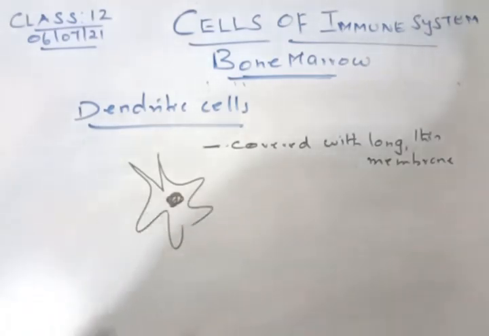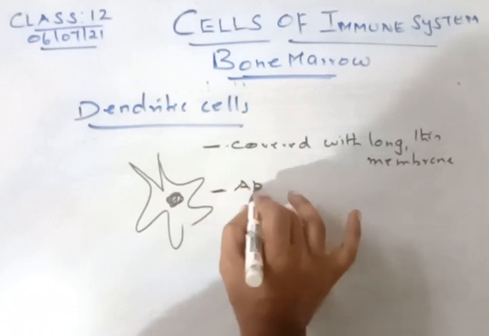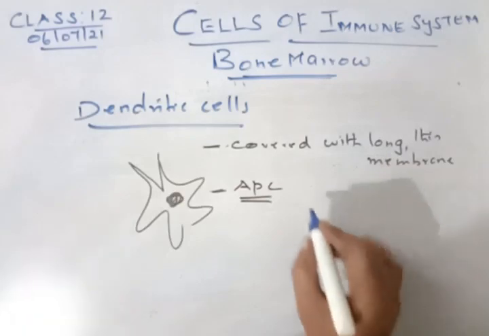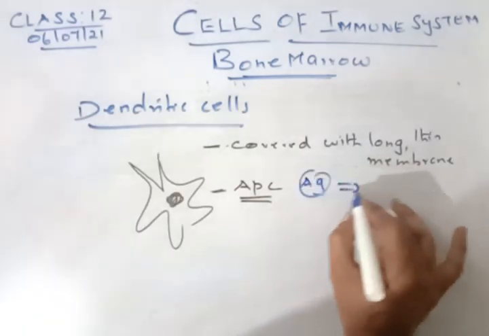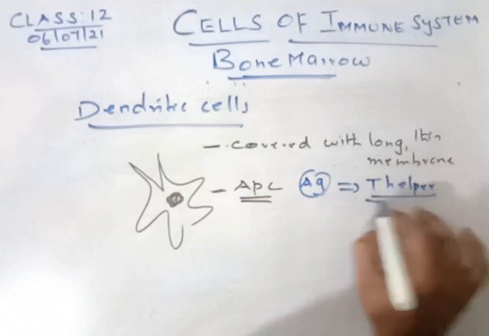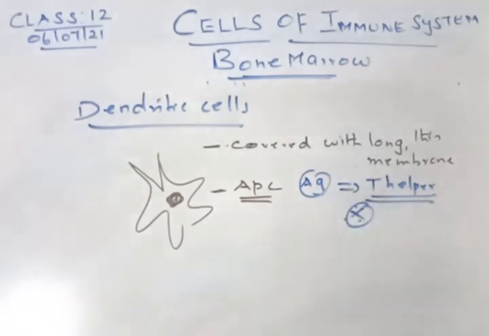And these cells also present antigens. So this cell is called an APC cell. What is an APC cell? Antigen presenting cell, which will capture the antigen as well as present the antigen to the T helper cells. The T helper cell is involved in 2 types of immunity, CMI and AMI.